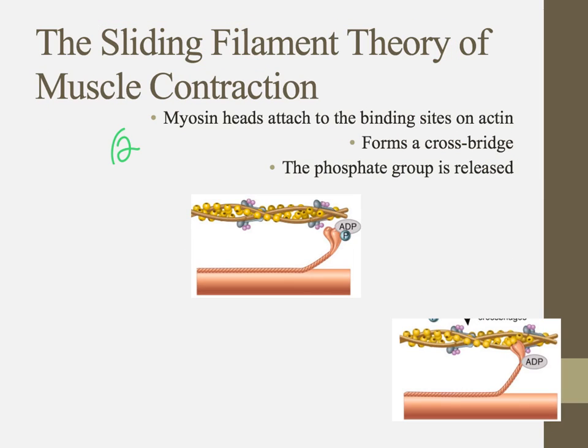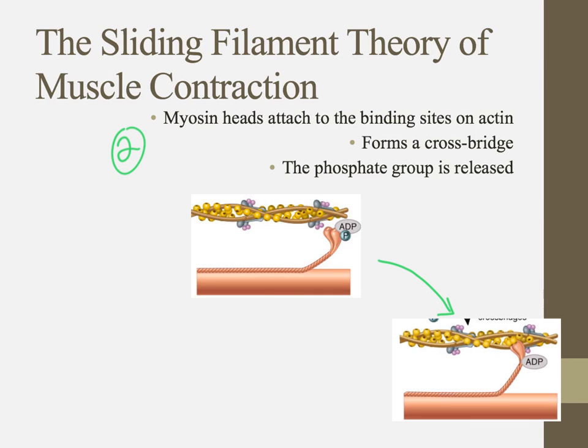Okay, well, how do we get to step two? How do we go from this to this? Well, the first thing that's going to happen is this myosin head that we had beforehand is going to attach to a binding site on actin. So this yellow thing is actin, this big fat thing here is myosin, okay? And this activated head is going to attach to a binding site on actin.